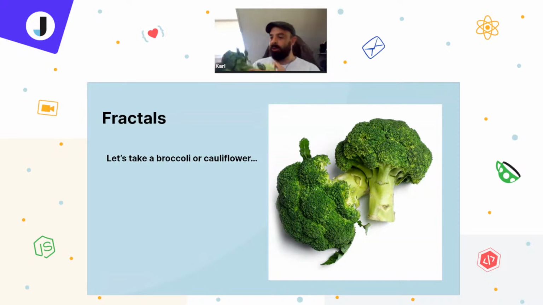You can see the broccoli as a whole, right? But if you take a knife and you cut a piece of the broccoli, you can see the little broccoli. It has the same structure as the big broccoli. Yeah, and you can continue on.